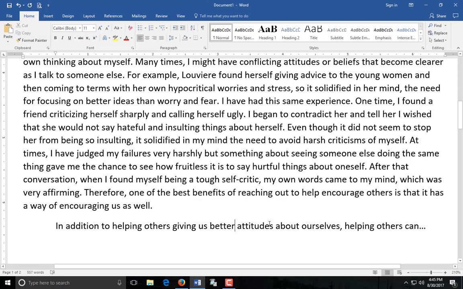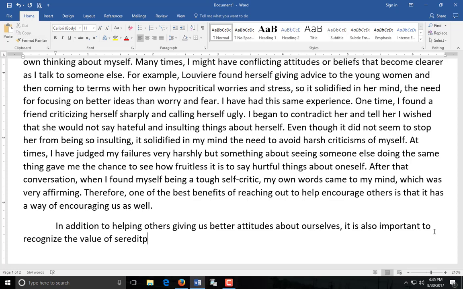Okay, in addition to helping others, giving us better attitudes about ourselves, it's also important to recognize the value of serendipity.